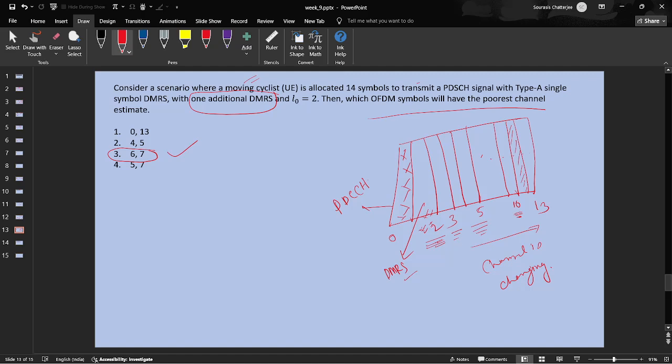So in the question, if the DMRS has come in the second symbol, you have to go as far as possible to find the maximum change in the channel, and maximum change in the channel while using the same channel estimate is equivalent to saying the poorest channel estimate for that symbol. So in that scenario, the 6th and 7th are the farthest among all options from the second symbol. So that's why we chose the 6th and 7th.